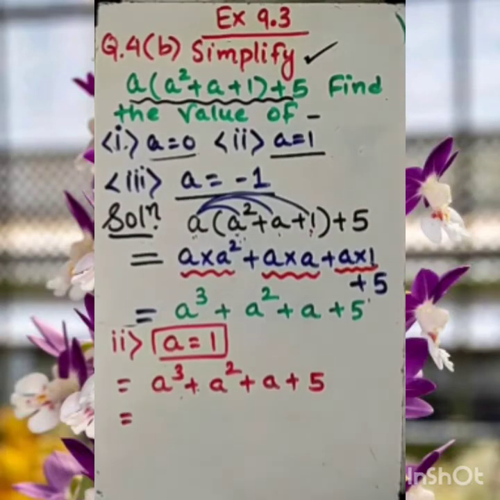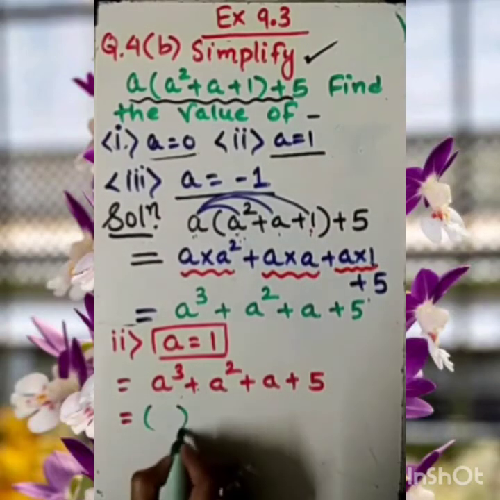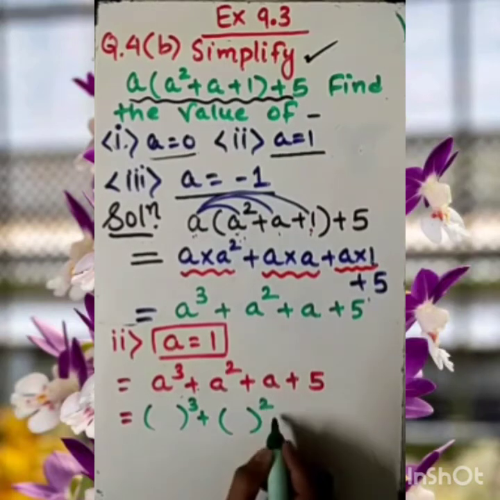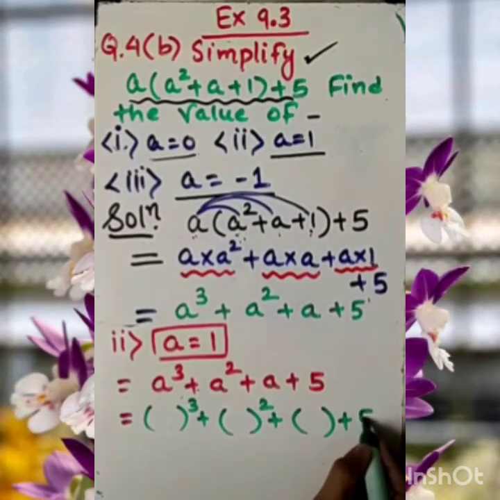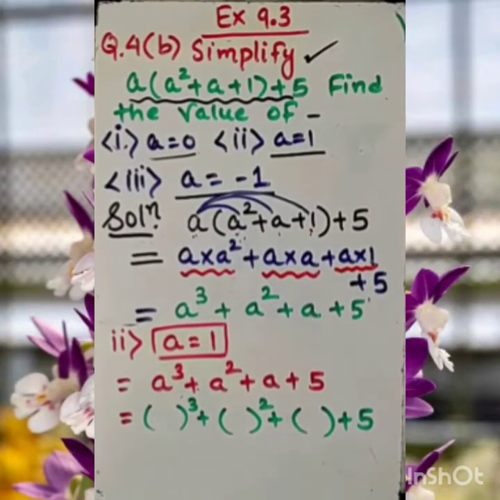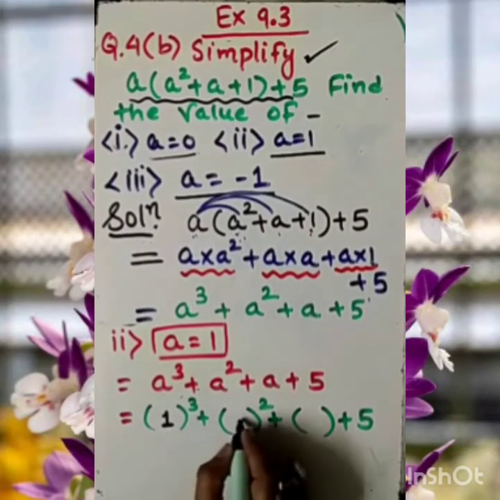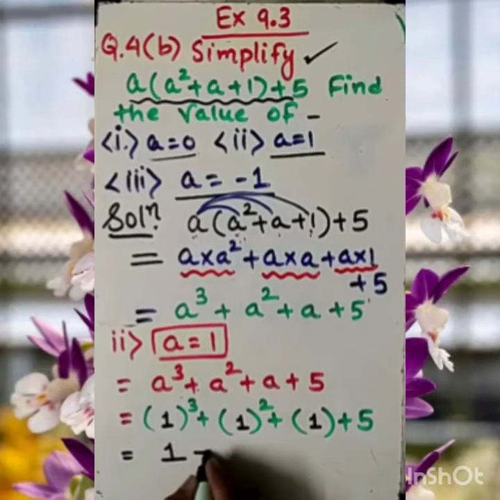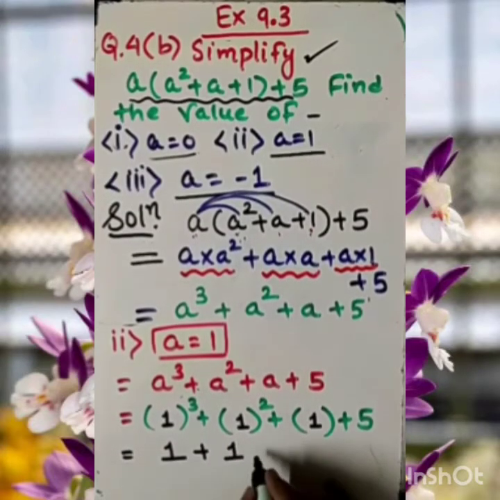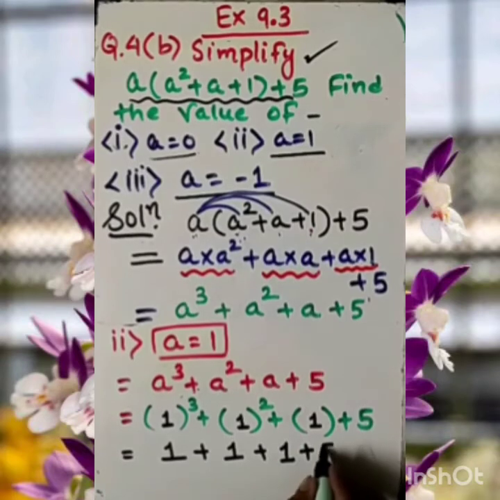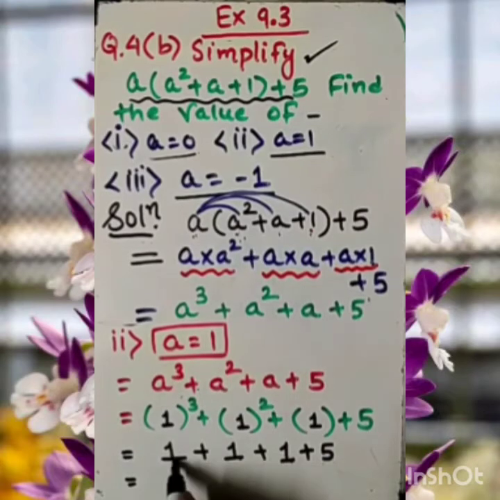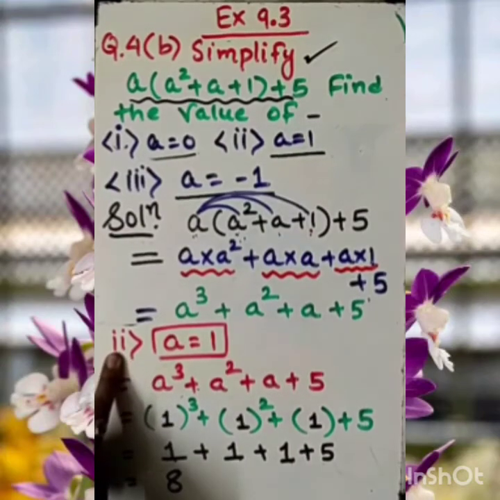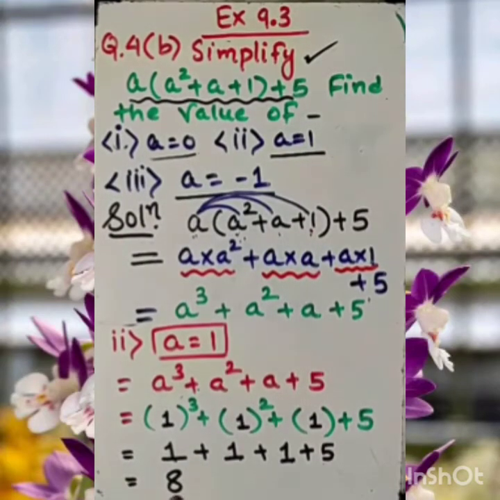This is the cube, this is the square, this is a and this is 5. So let's apply a equal to 1 here. 1 cube is 1 into 1 into 1, which is 1. 1 square is 1 into 1, which is 1. This is also 1 and this is 5. What will be the total? 5 plus 1 is 6, plus 1 is 7, plus 1 means 8. So the solution of the second part of question number 4, part B, is 8.